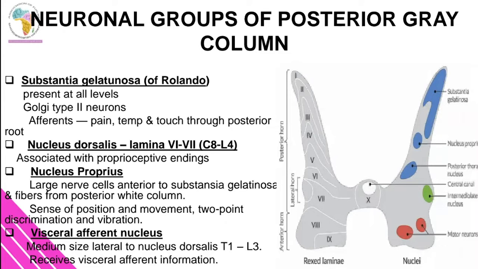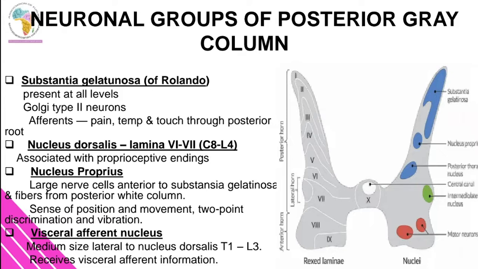There are about three important locations that we have to discuss when it comes to the posterior group of neurons, of which the first one is the substantia gelatinosa of Rolando.